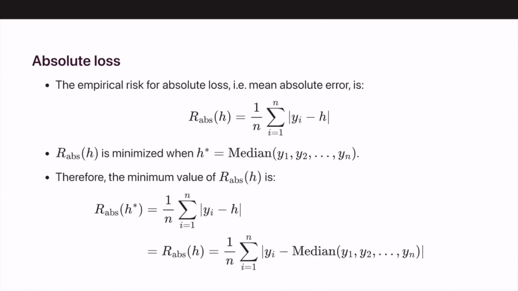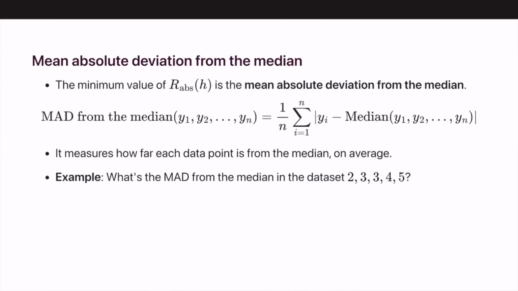And if we go to absolute loss and do the same process, taking the median as H star and plugging that back in for H, we get something very similar, except in the realm of the median.